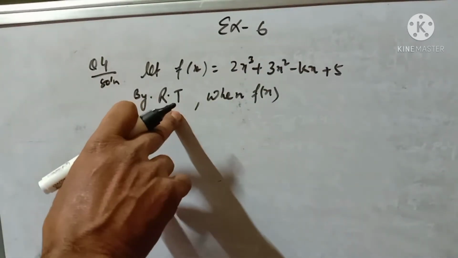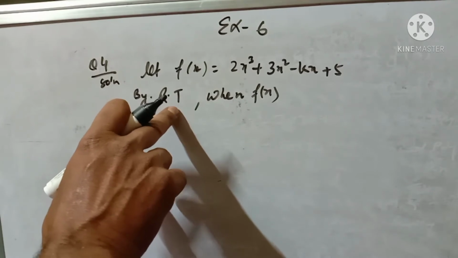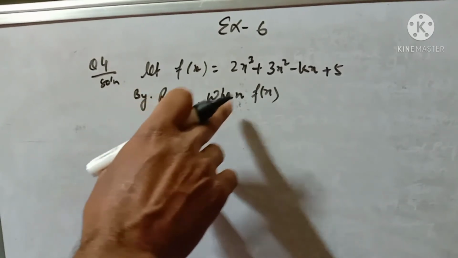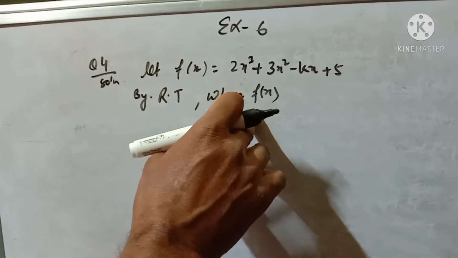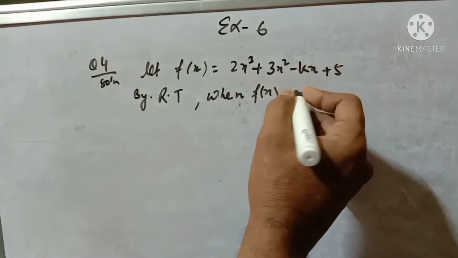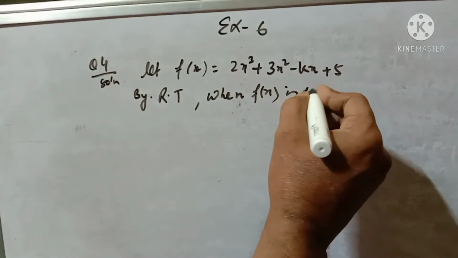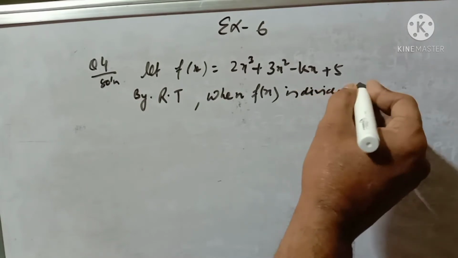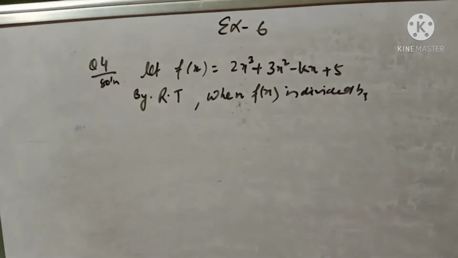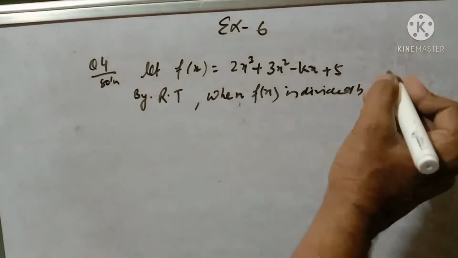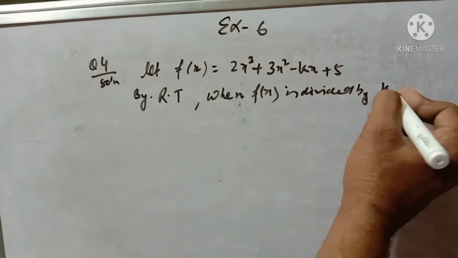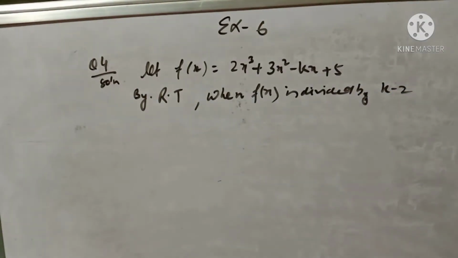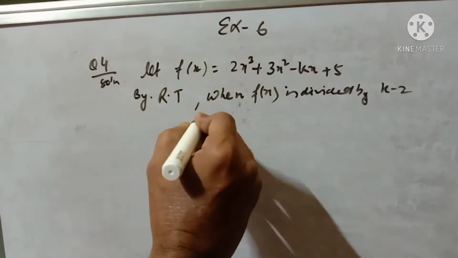By the remainder theorem, I am writing it short, but you have to write the full remainder theorem: when f(x) is divided by x minus 2, the remainder will be f(2).